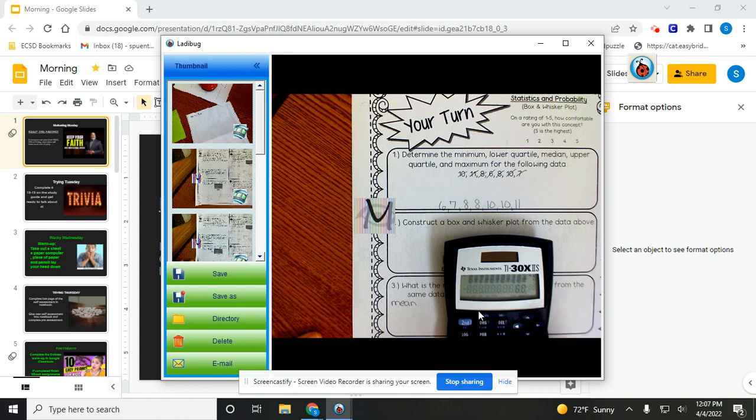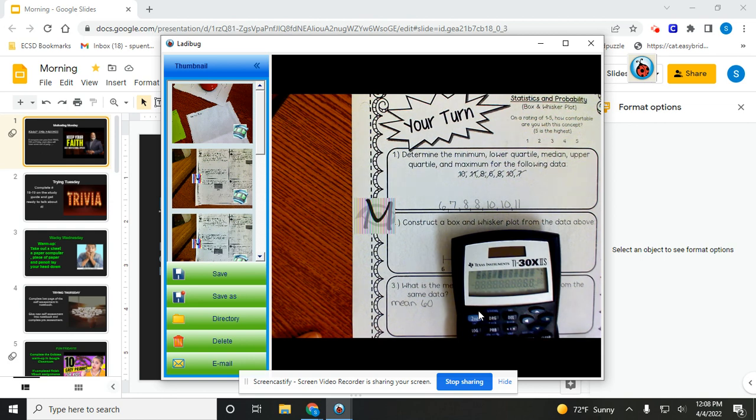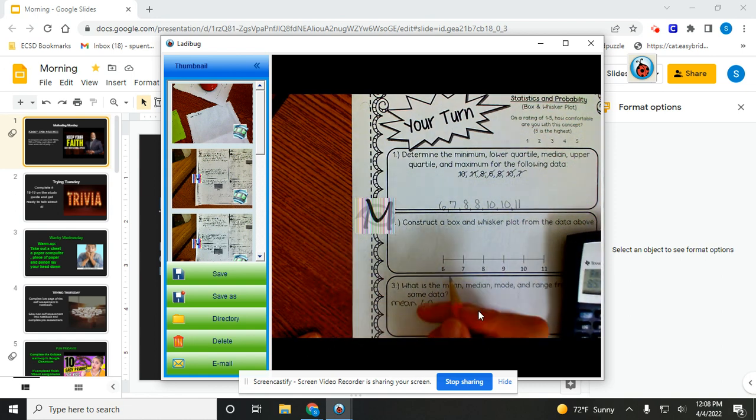So that gives us 60. And then we're going to divide it by 7. So 60 divided by 7 equals 8.67 or 8.6. So we divide it by 7, which gives us our 8.6 for our mean.